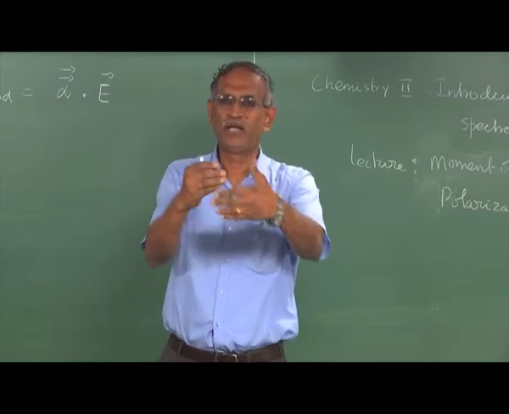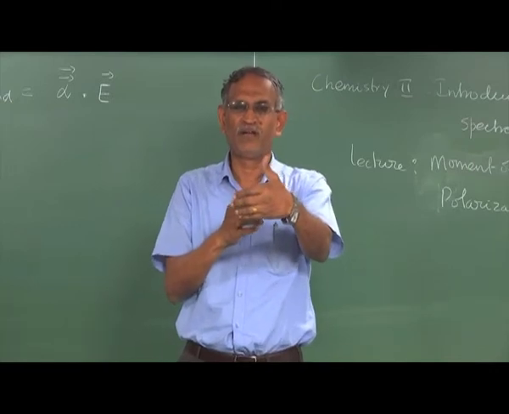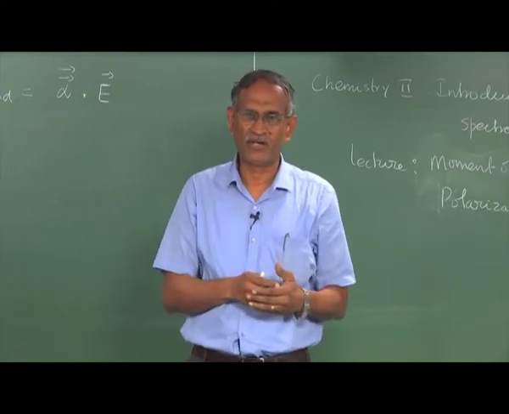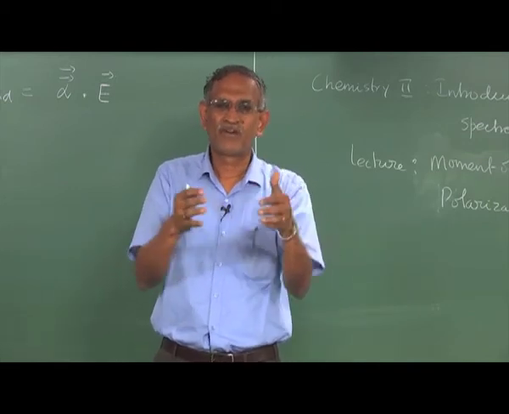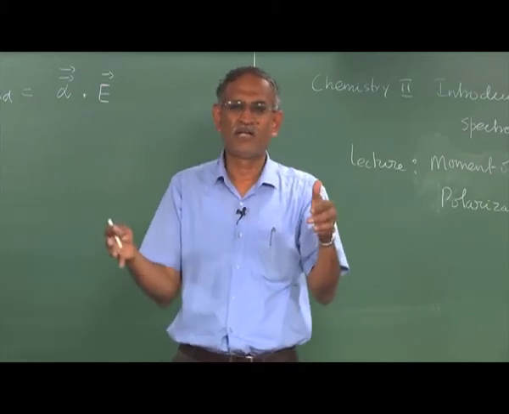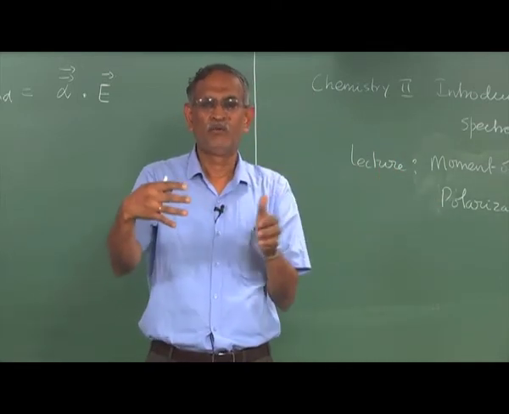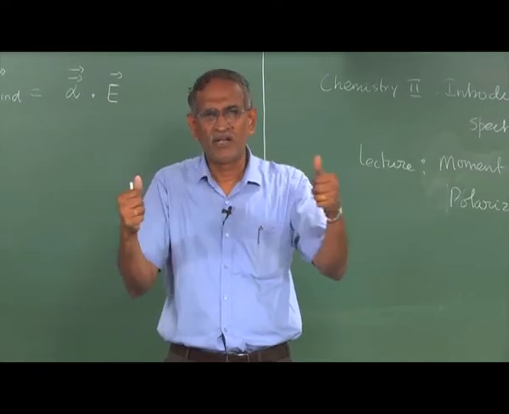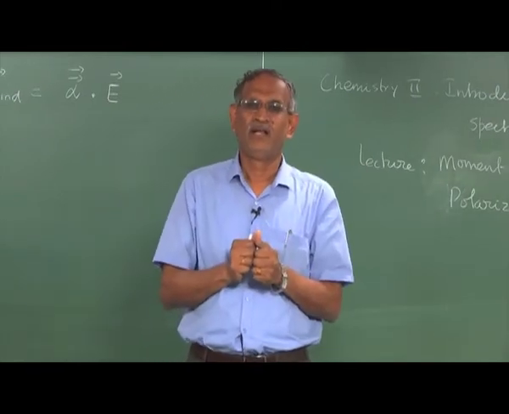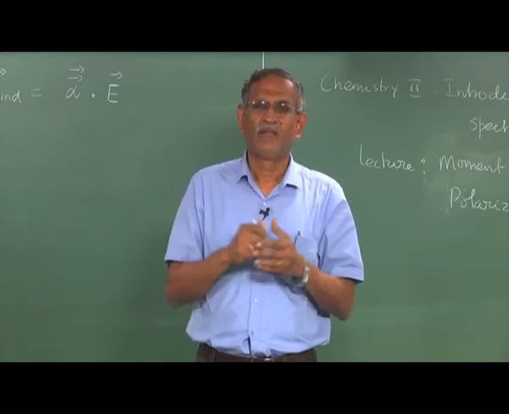You know that the bonding electron of the NO is between the two, nitrogen and oxygen. The electron density is concentrated there, and the electron density will try to adjust itself with the positive side and the negative side of the electric field in such a way that the molecule will have a slight orientation, and there may be a slight deformation of the electron density if the fields are very large.